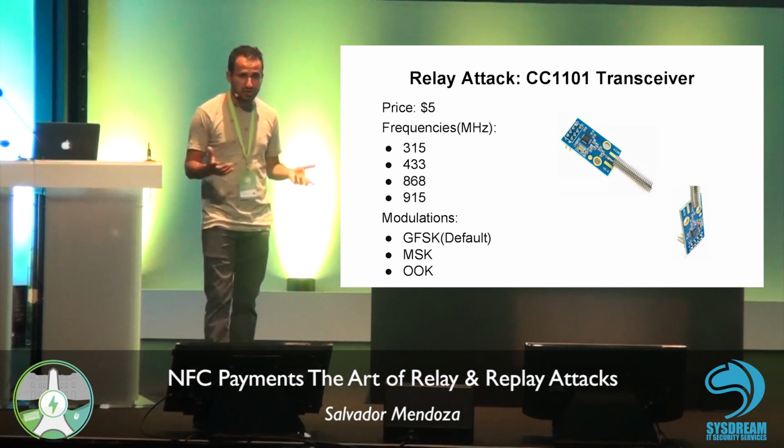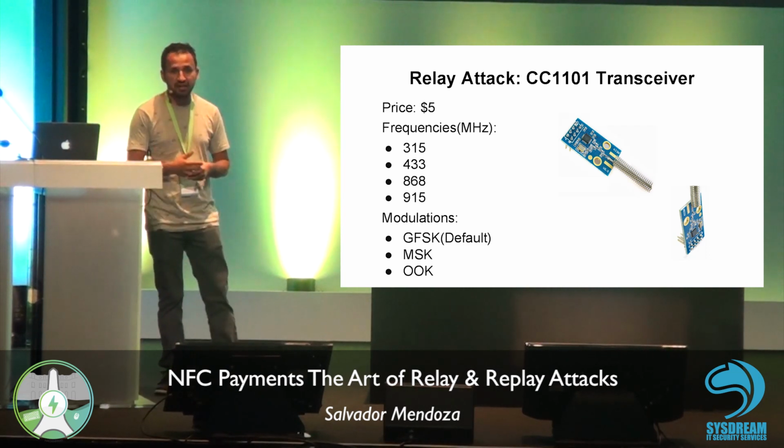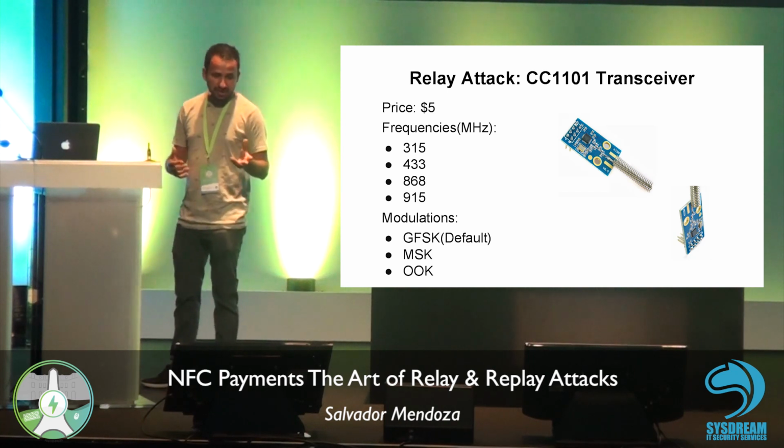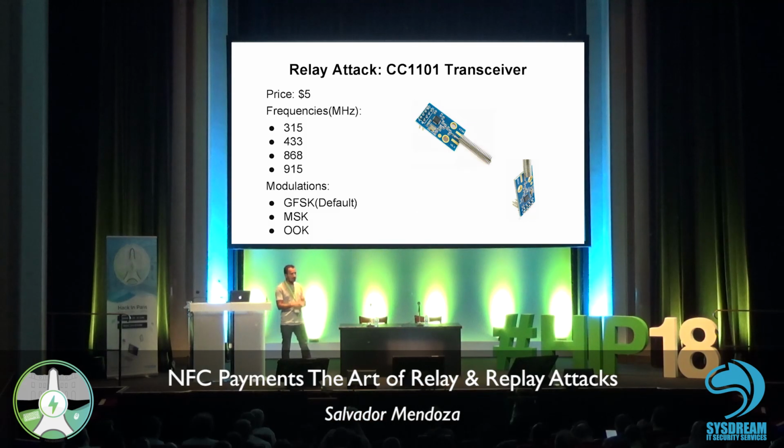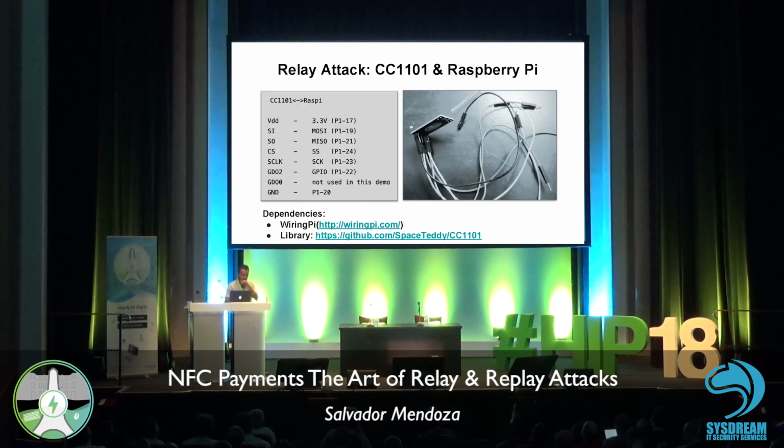I'm buying it because it's so cheap, it's easy to make a POC with it. You have different frequencies, low frequencies so the signal can go through the walls, high frequencies for distance. We have different modulations, and you can implement it directly on the Raspberry Pis. To connect it to the Raspberry Pi, you can do it directly to the SPI connector or the SPI and the GPIO. So it's very easy to do, and you have only two dependencies for that.